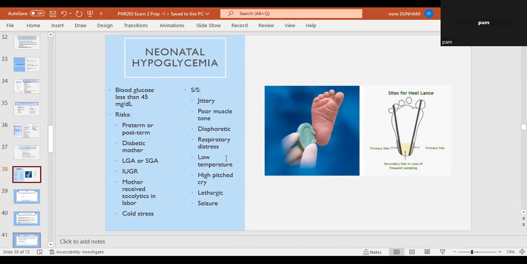Now, this hypoglycemia, like we talked about earlier, is blood glucose less than 45 milligrams per deciliter. And if you have a preterm or post-term baby, they are prone to hypoglycemia. And then you have a diabetic mom. The babies are very prone.